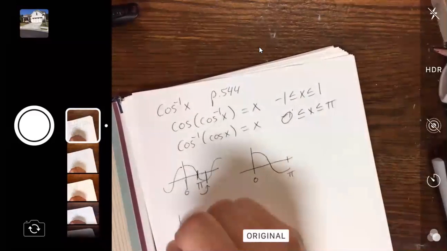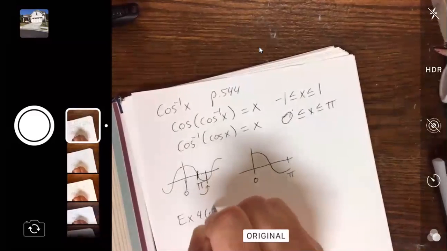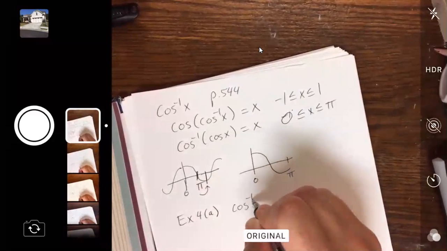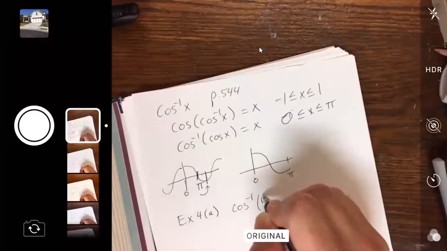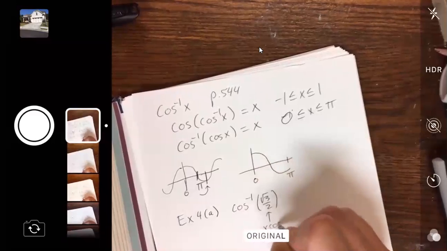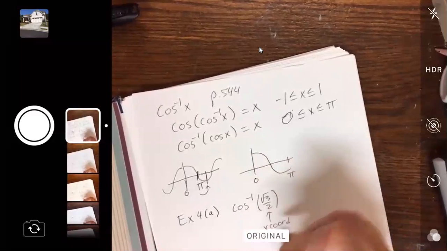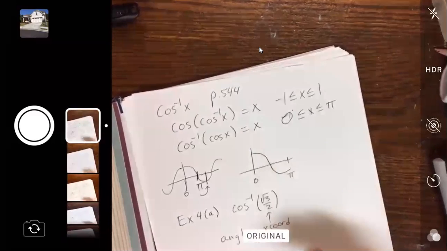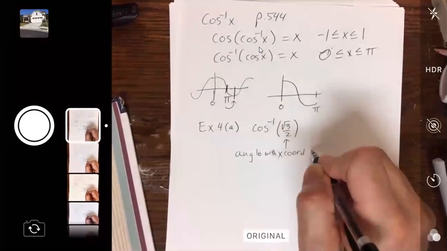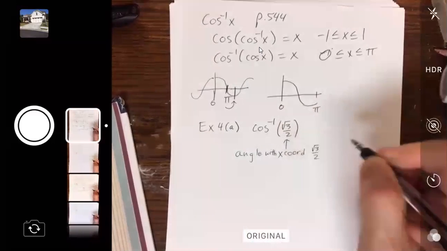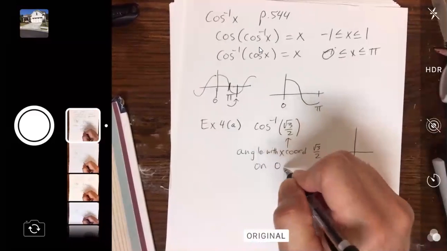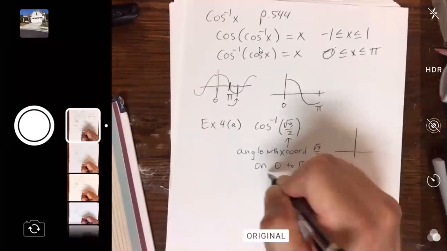So like example 4a, arc cosine of √3/2. This is the angle with x coordinate √3/2 on 0 to pi, the top half circle.